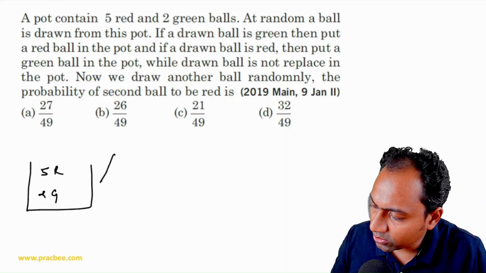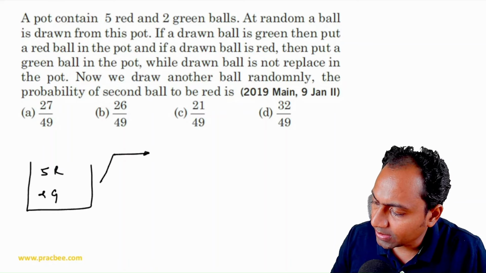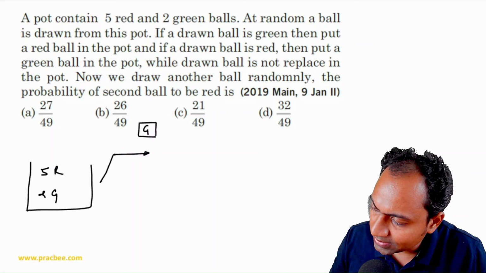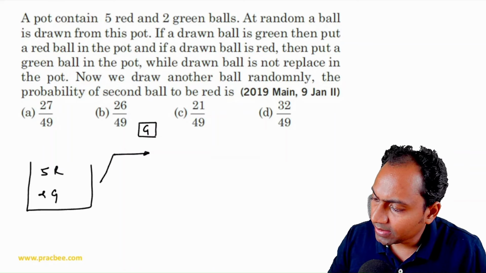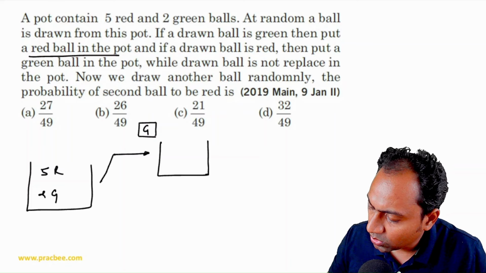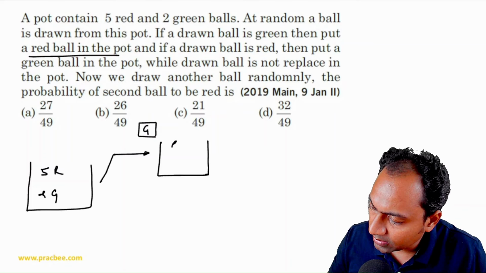Now there are 2 scenarios they are talking about. First is, they pick up a green ball, but if they do, then they will have to put a red ball in the pot. So the composition of the pot changes to 1 red ball has been added, and you can see that 1 green ball got reduced.